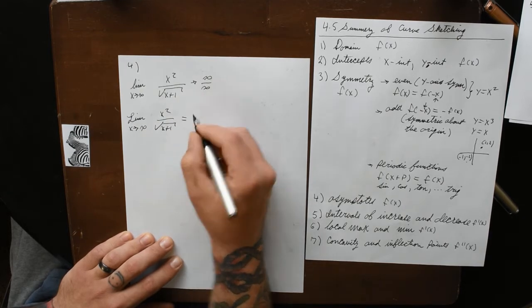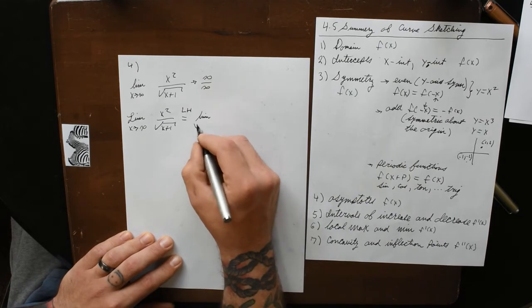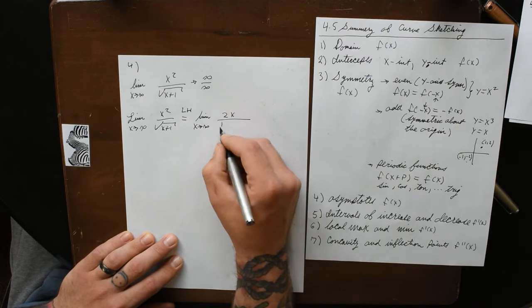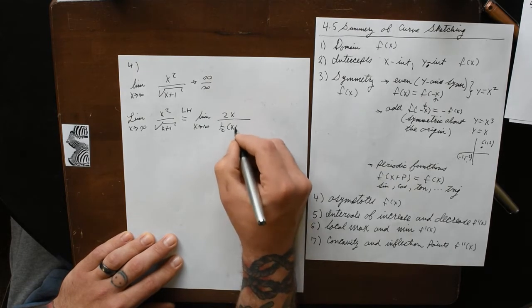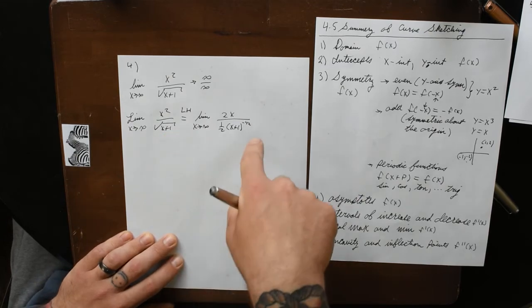is equal, by L'Hopital's rule, to the limit as x goes off to infinity of 2x divided by 1/2 of x plus 1 to the negative 1/2 times the derivative of the inside, which is 1.